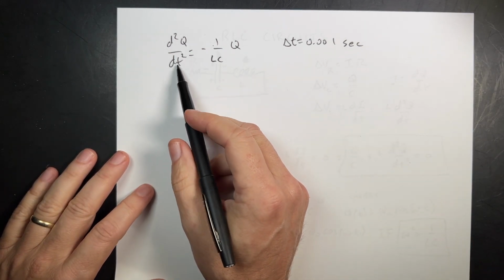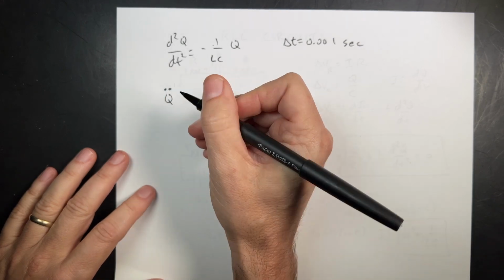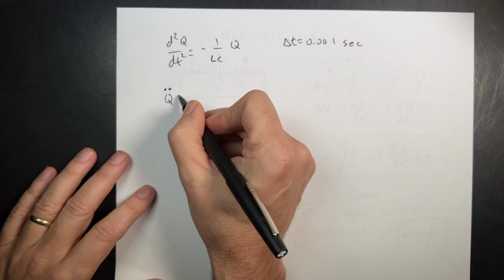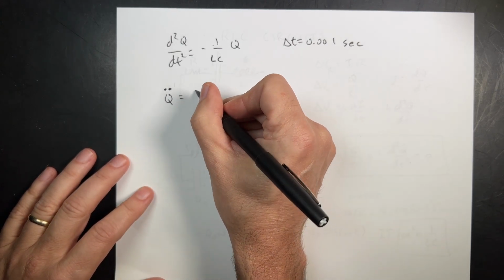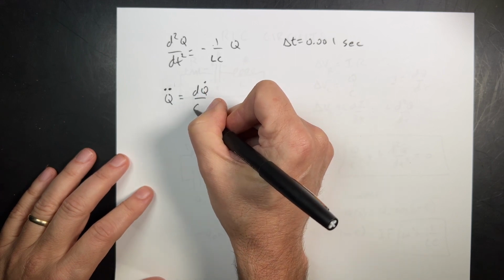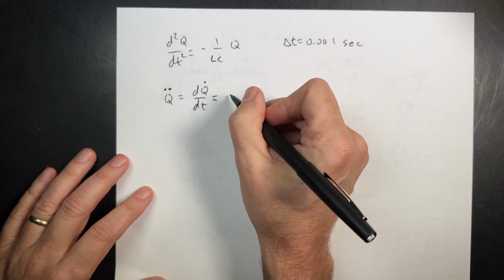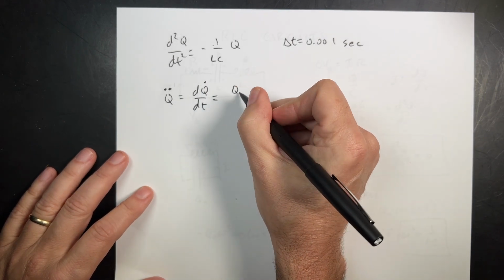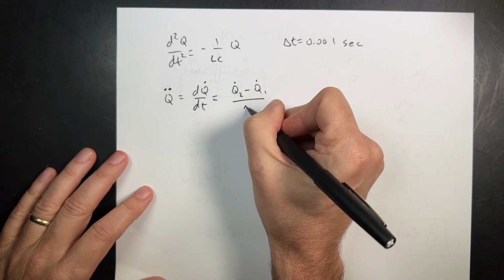I'm going to write this second derivative as q double dot, just to make things look a little bit easier. And then I can say that's equal to dq dot/dt, where q dot is the first derivative. And I can write this as (q2 dot minus q1 dot) over delta t.